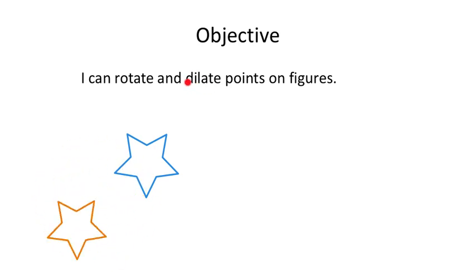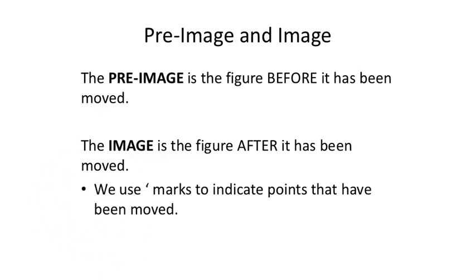Now a dilation is just changing the size of a shape, but will be correspondingly similar to our preimage. Okay, so we've seen the slide already. A preimage is an object or shape that you start with, and then after we do something to it, and so far we've done 2 things to our figures or objects.